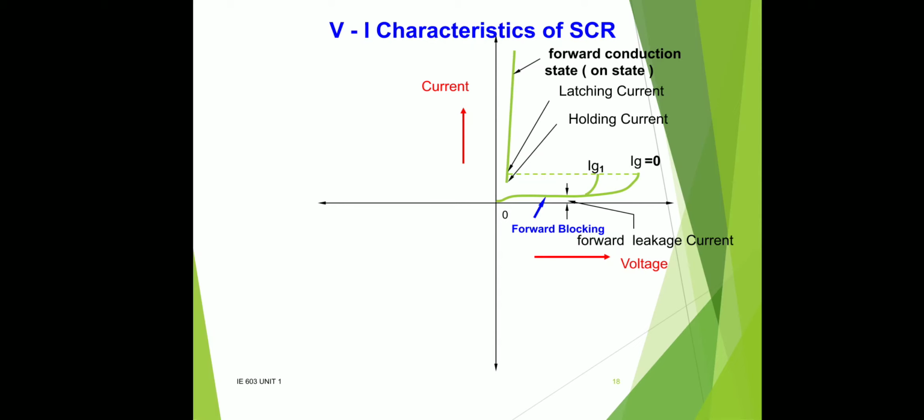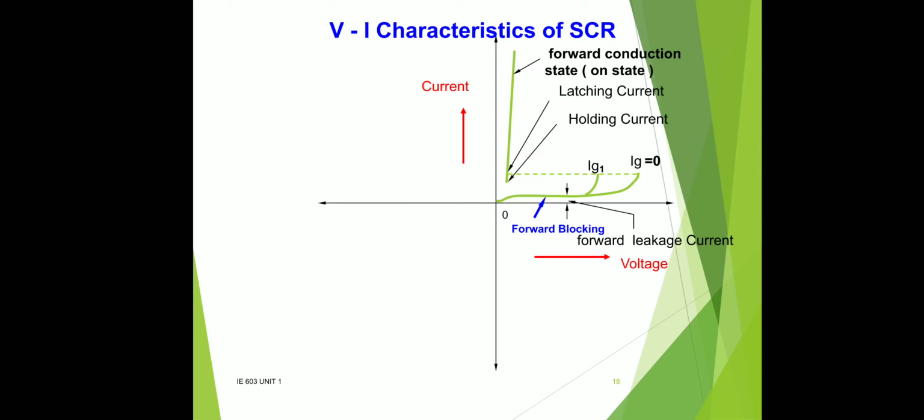That means suppose there is some holding current in the SCR ratings. If the current flowing from the anode, that anode current, is less than the minimum anode current, the holding current, that means the SCR gets turned off.